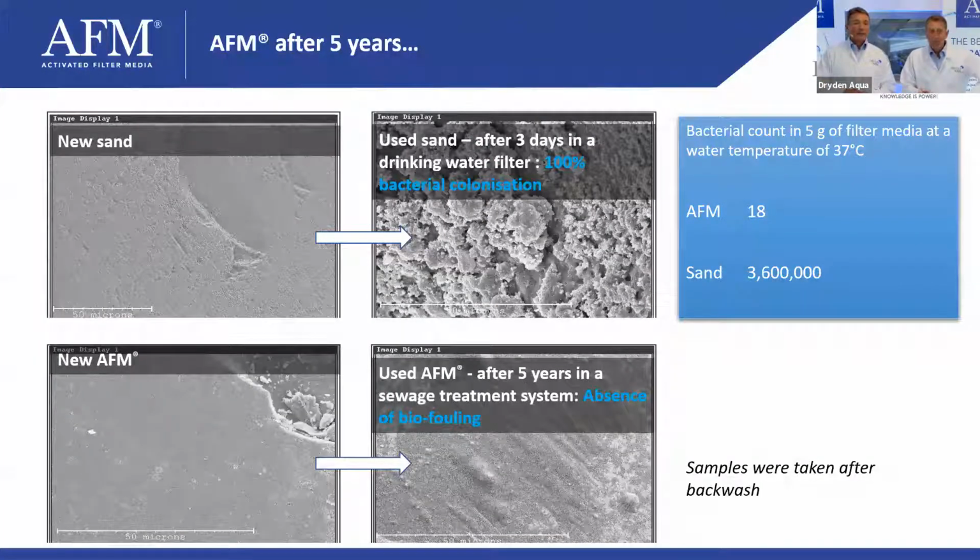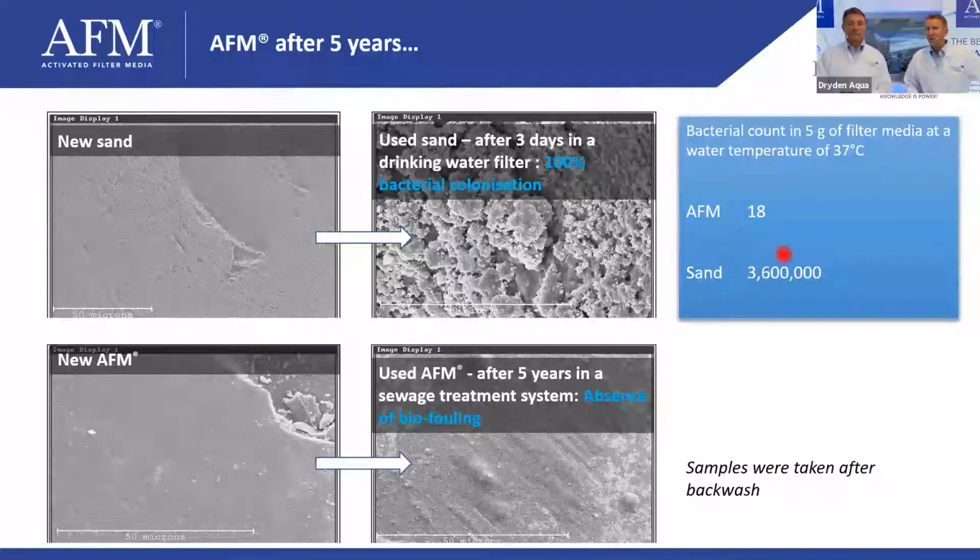Okay, so here you see clean sand under the microscope on the upper left, clean AFM in the lower left. This is how sand starts to biofoul, colonize after just 3 days. And here you see the surface of AFM after 5 years.